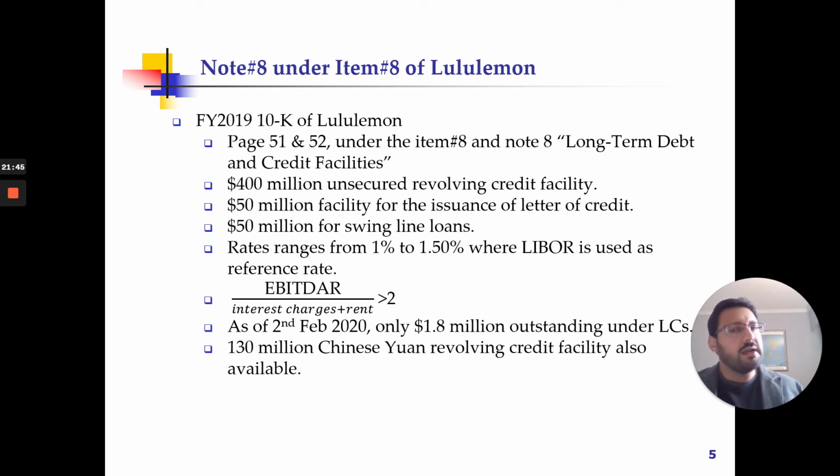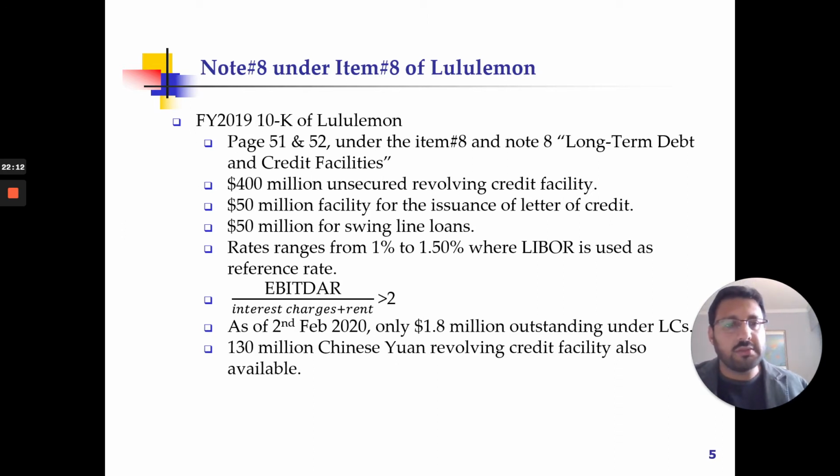So I can see, even before going into the ratio analysis, that the company does not seem to be in danger. It seems that they have a lot of flexibility when it comes to borrowing. They can borrow more debt, and they can easily service that debt if they borrow. And in the Chinese market, they have the same revolving letter of credit facility available, worth 130 million Chinese yuan.